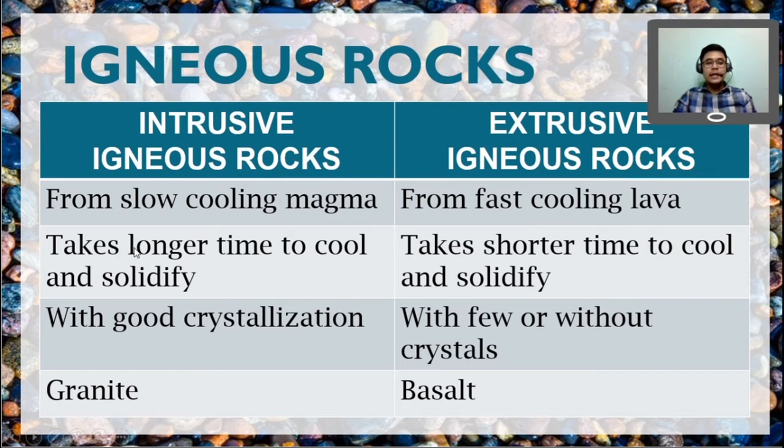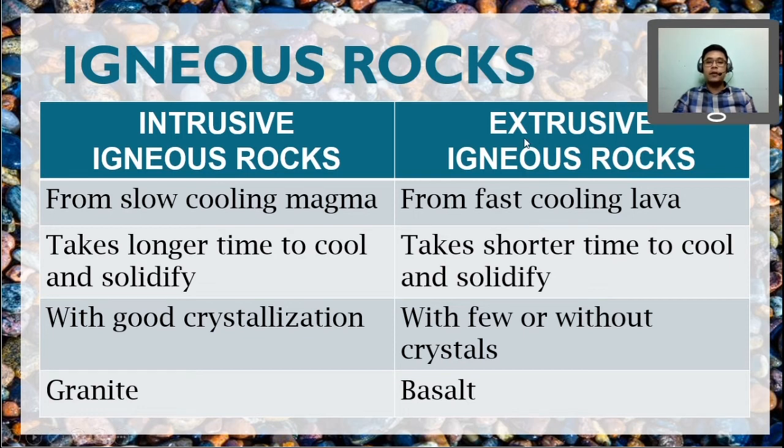That's why the second difference is that intrusive igneous rocks take longer time to cool and solidify. Given that the magma is still inside, it really needs a long time to cool and to solidify.